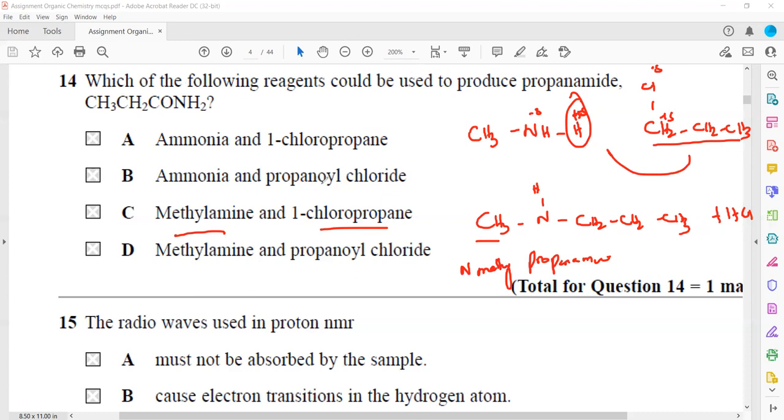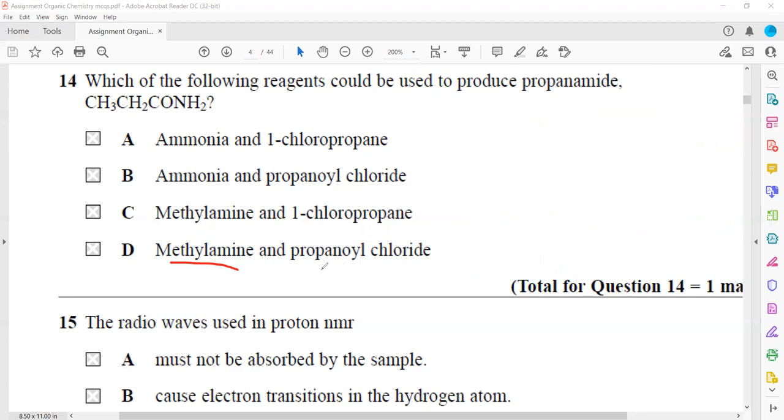And when we check the last option, methylamine reacting with propanoyl chloride. So methylamine is CH3NH2, but in it N is partial negative and hydrogen is partial positive. And propanoyl chloride, prop means 3 carbons, and acyl chloride, so C double bonded with O and Cl.